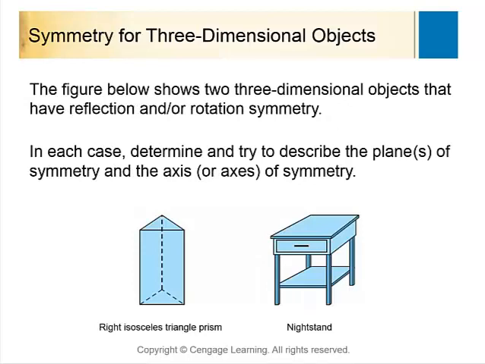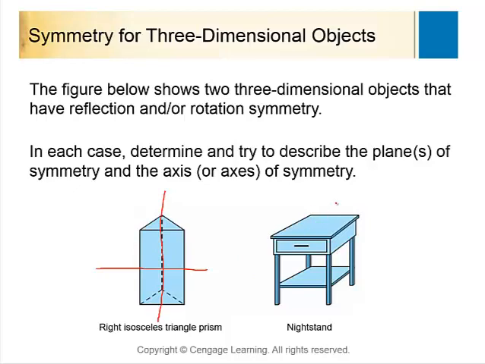So here's a couple of three-dimensional objects, and we need to decide which of these has rotation or reflection symmetry. So let's look at a couple of lines of symmetry about this prism. If I take this prism and rotate it about this line, you can see that I would have the same thing either way. I also have this vertical line of symmetry where I can rotate it and get that same figure back.